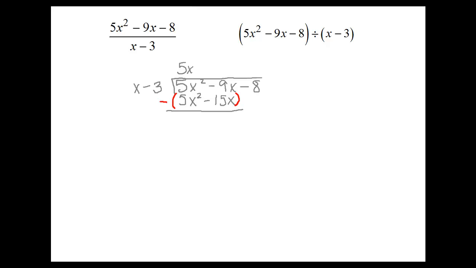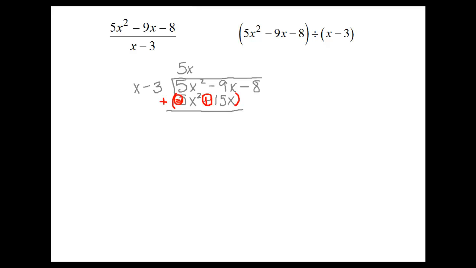So I'll take that negative sign and distribute it through, and I'll end up with a negative 5x squared and a positive 15x. I'm going to circle those, just to help me remember what I did.